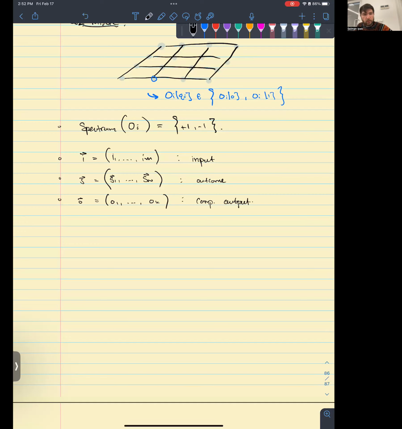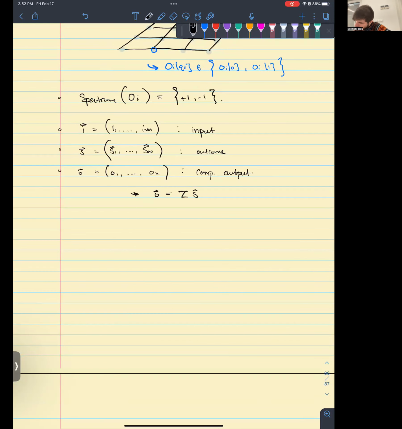And in general, what you have is a relationship like the following. The vector O is going to be given by some linear operation Z acting on the outcomes. So this can be like the parity. It can just be summing up all of the particular measurement outcomes.